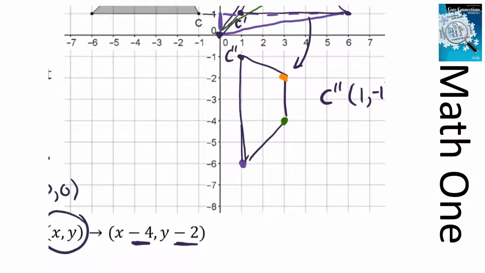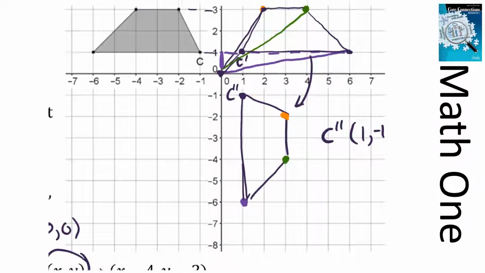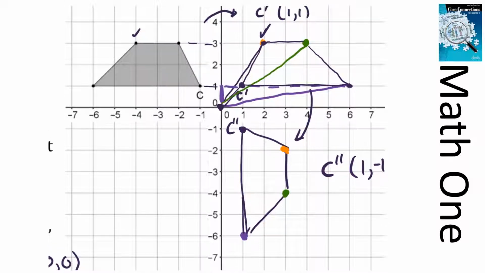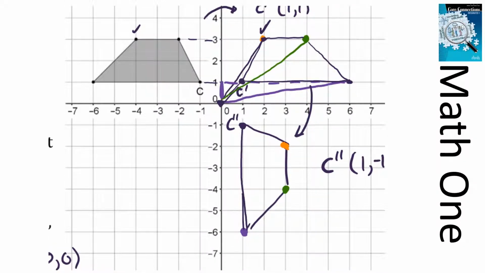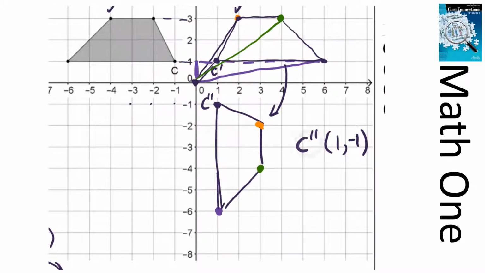So if I'm here, and I'll do this one with black, I'm going to subtract 4 from the x, and when I subtract 4 from x, it goes back 1, 2, 3, 4, and then it just says to subtract 2 from the y. So I'm going to go down 1, 2 for y. So this is that point after the transformation. I'll do the same thing with the point that I've marked in orange.